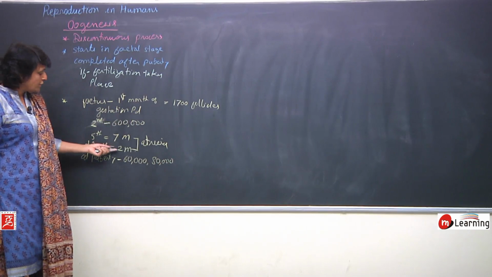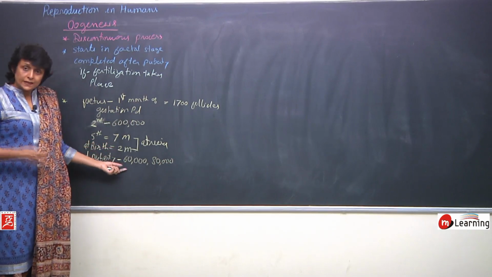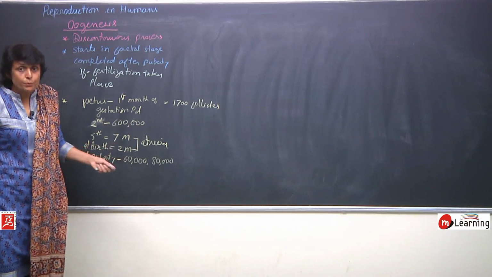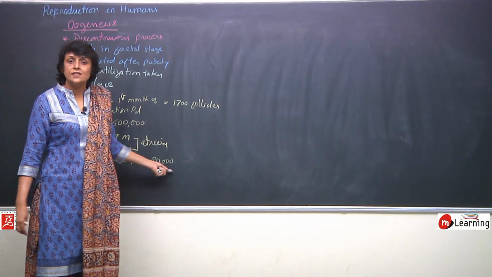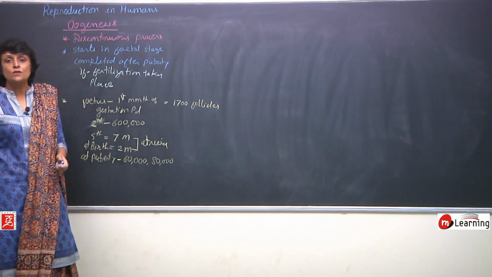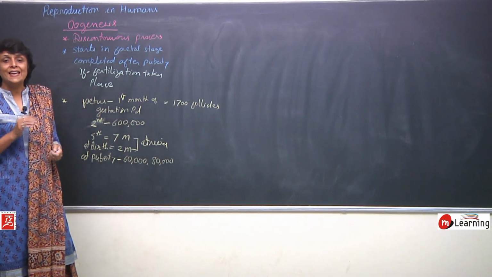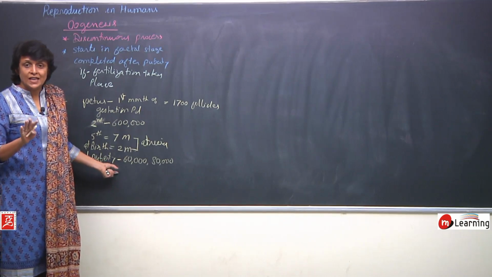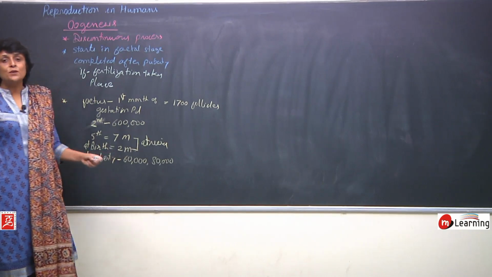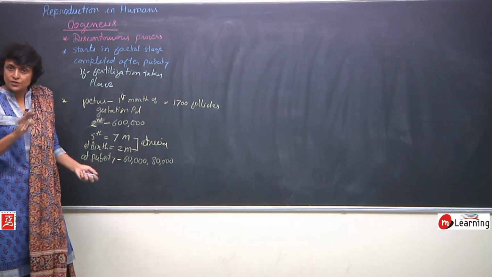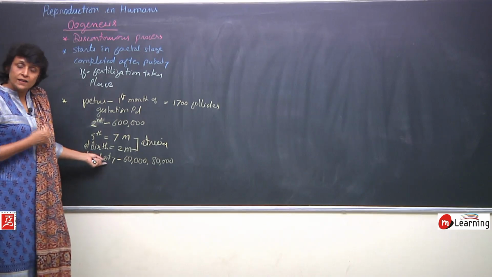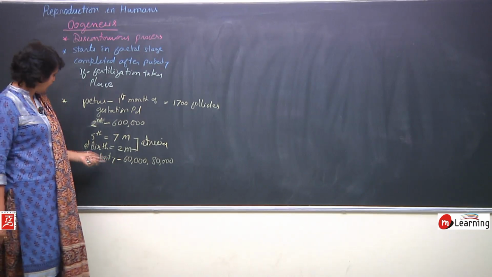From 2 million, further follicular atresia continues, and at puberty only 60,000 to 80,000 follicles remain in the ovary. After this, multiplication is not taking place. That means the number of follicles for egg formation is not going to increase. So all these things are in the fetal stage only.